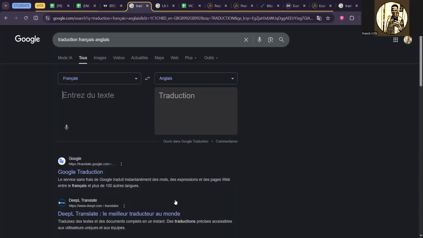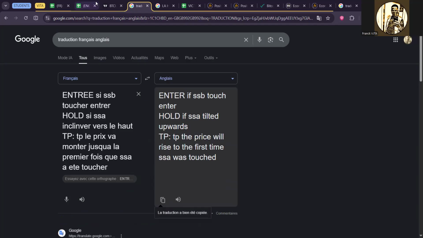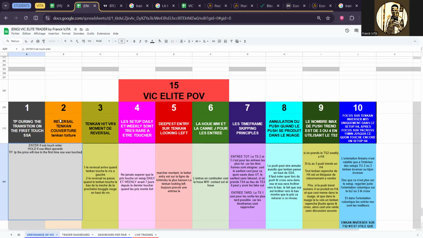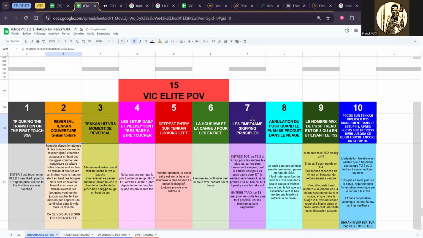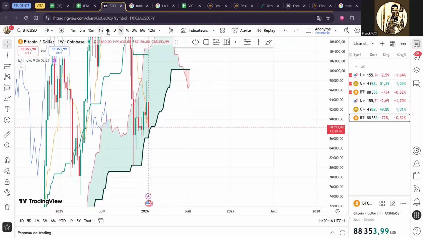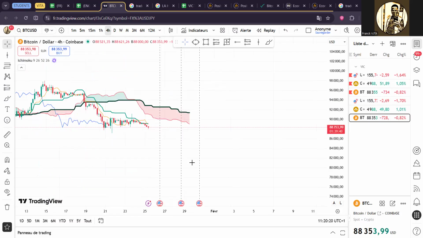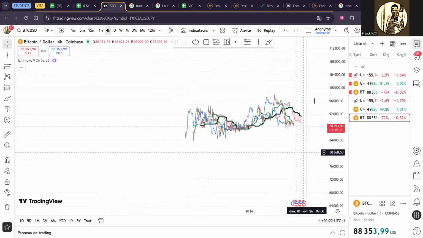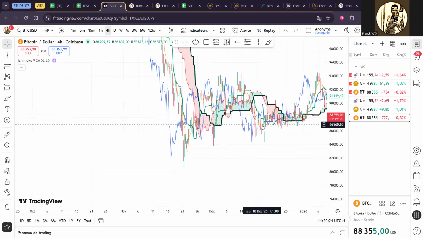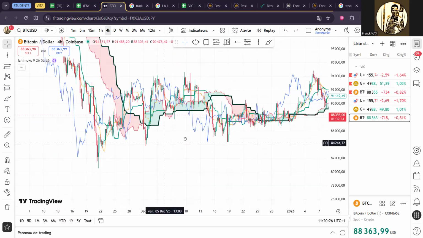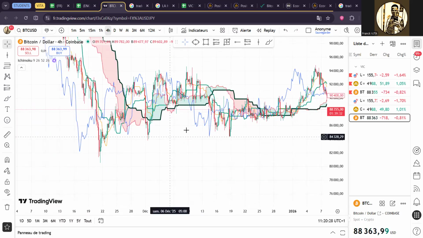The first point of view is that during the transition, there is something specific that happens where you can take profit.